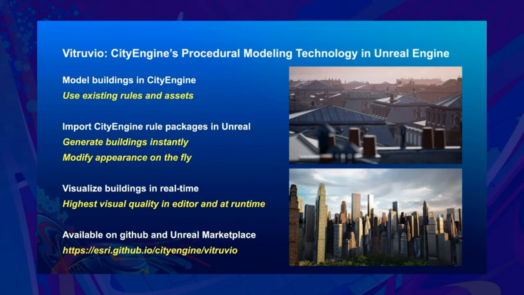You can then import CityEngine rule packages into Unreal and generate buildings instantly, modify their appearance on the fly, and you can also visualize all these buildings in real time, because that's what the game engine is all about. So you get really great visual quality in the editor and at runtime. Vitruvio is available on GitHub and the Unreal Marketplace, and the link is below.